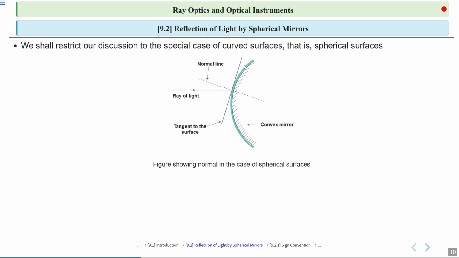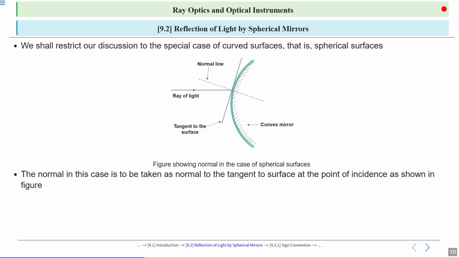This is the point of incidence, we draw the tangent of this convex mirror, and perpendicular to this tangent is the normal for the spherical surface. So this is the tangent to the surface, this is the convex mirror, and this is a ray of light incident on a certain point, and we can draw the normal line at that point perpendicular to this tangent.